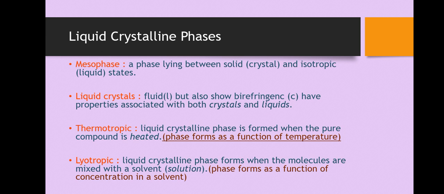Thermotropic means it is a phase which is a function of temperature. That means it is a phase which is formed when a pure compound is heated, while lyotropic liquid crystalline phase forms when the molecules are mixed with a solvent or solution. That means it is a phase which acts as a function of concentration in a solvent. These are the liquid crystalline phases.